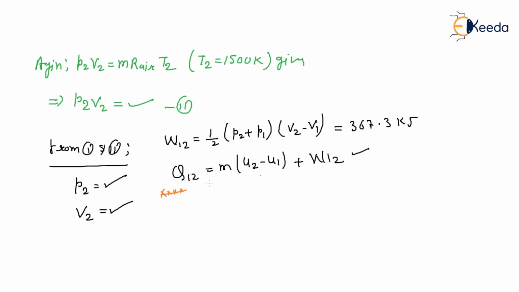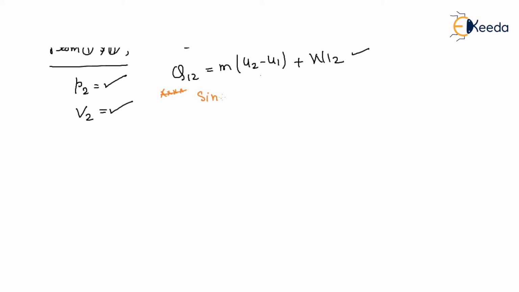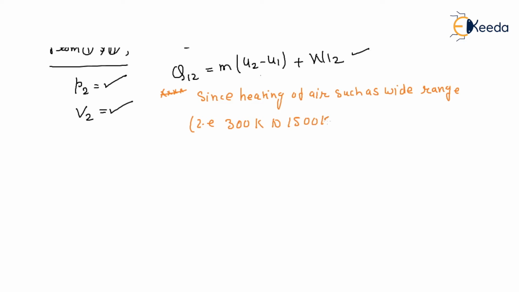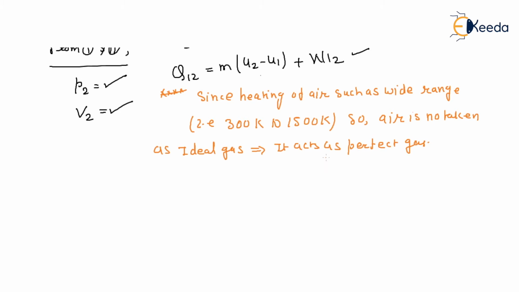Since the heating of air is over a wide range, that is 300 Kelvin to 1500 Kelvin, air is not taken as an ideal gas, it acts as a perfect gas.